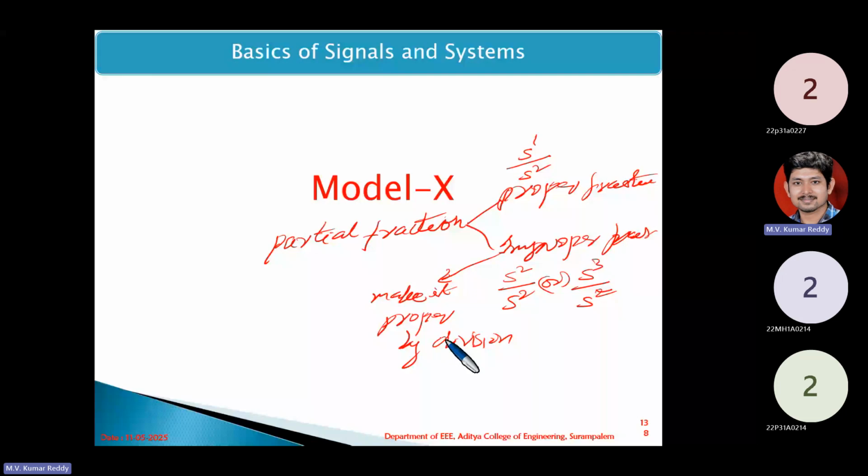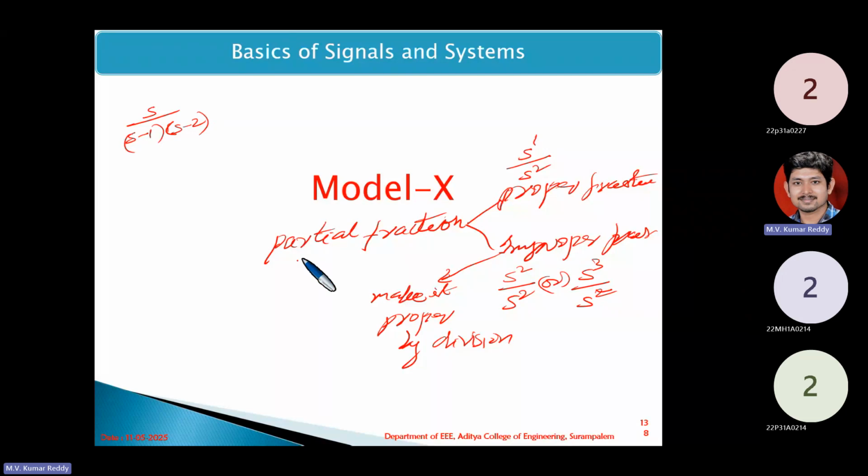Here we have different types of partial fractions. For example, s by (s minus 1)(s minus 2). Why am I taking only s?